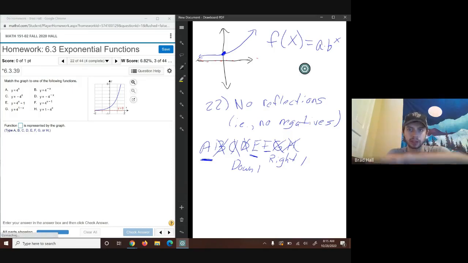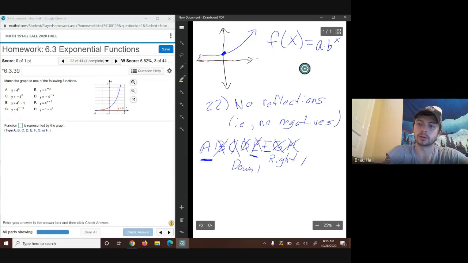But on the graph provided, the horizontal asymptote is in the same spot. So it cannot be E, because we definitively know that we are not shifting down 1. But technically, we can't immediately remove the idea that it goes to the right 1, because there's no vertical asymptote to reference.